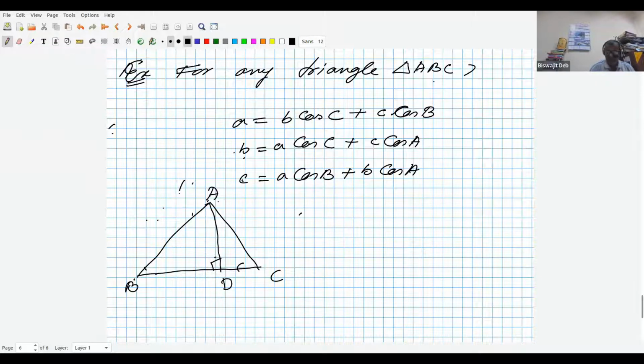So what we can say from here is that BC, which is nothing but a, is equal to BD plus DC.